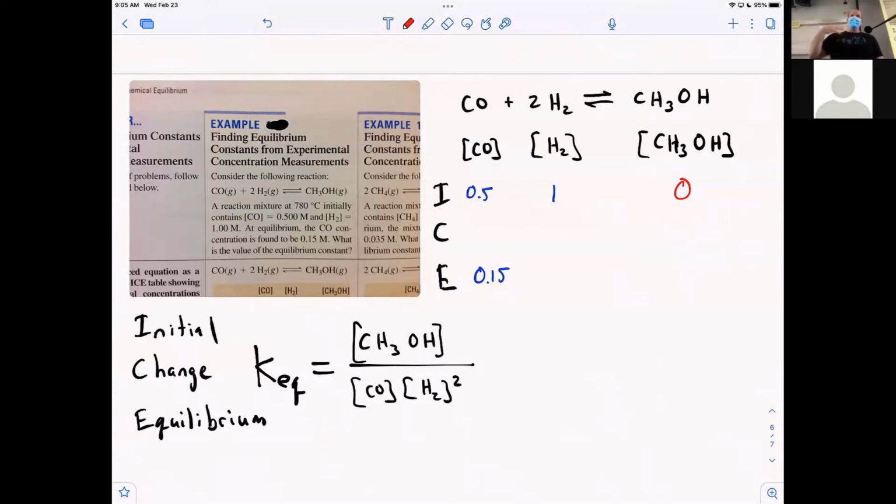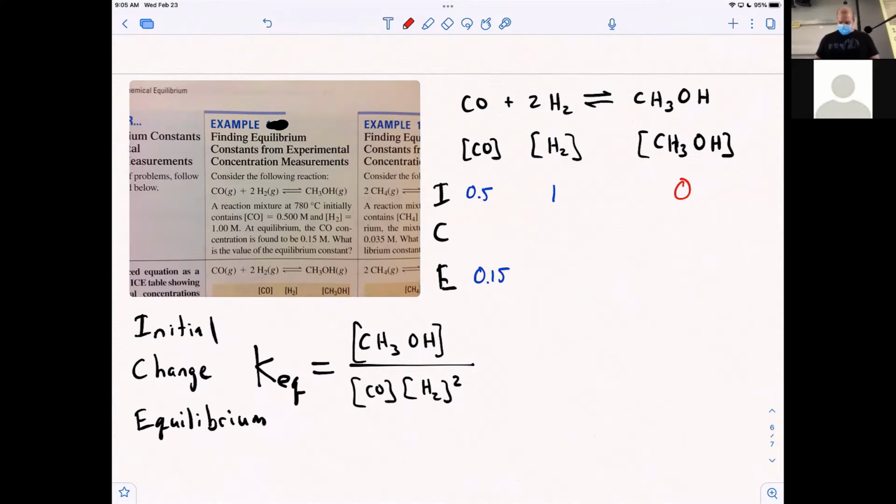If I don't announce them, then you can assume it's 0. So not announcing the methanol, you can assume the other one is 0.